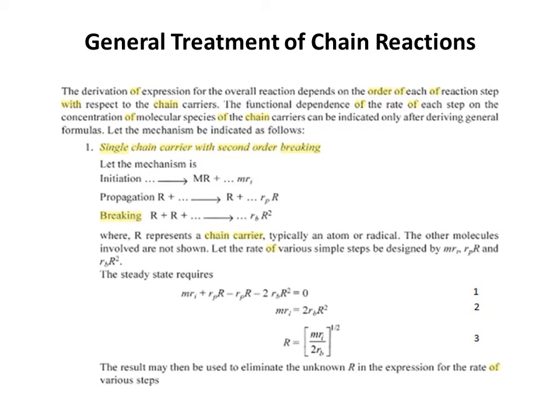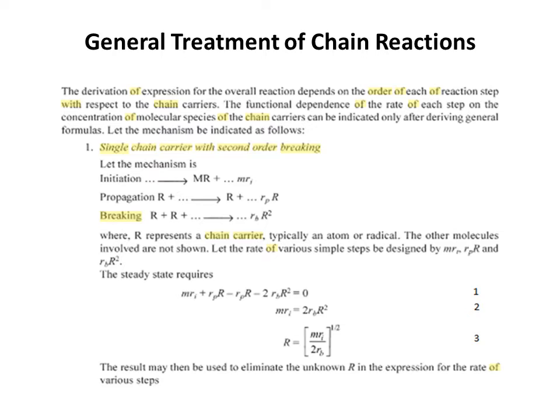We apply the steady state, then initiation plus propagation minus propagation minus 2 k_B R square is equal to 0. This is equation number 1. The propagation terms cancel each other.